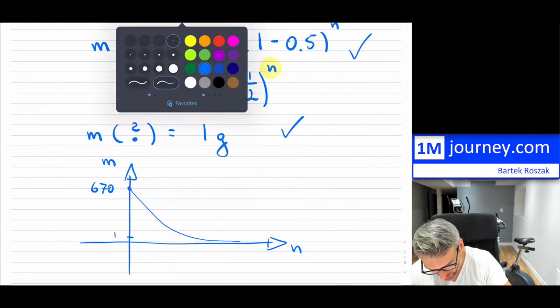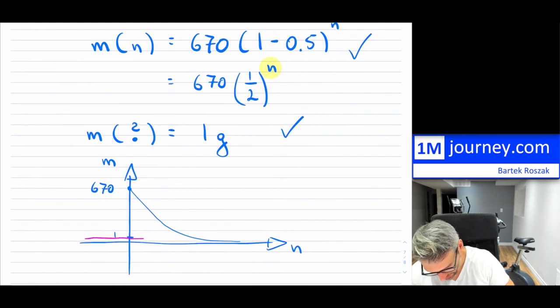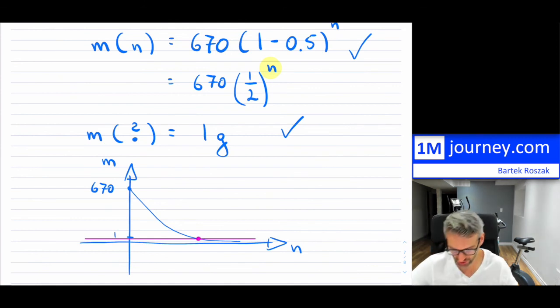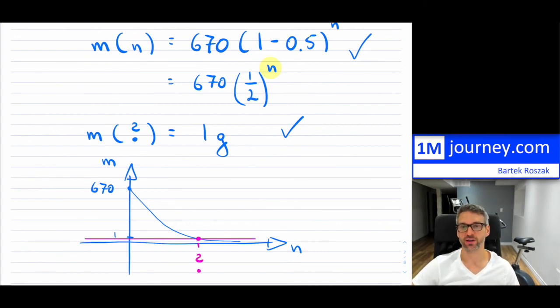So here I'm going to do it in a different color. It's hard to do here, but you have a line at 1 gram, and you're trying to find the intersection between these 2. That intersection is how many days it actually took to get to that 1 gram. I hope that makes sense.